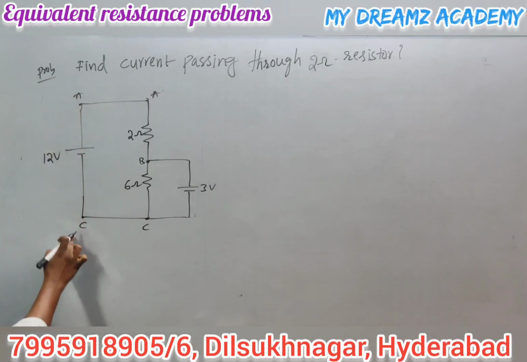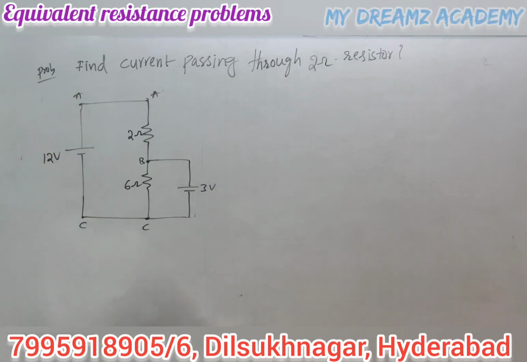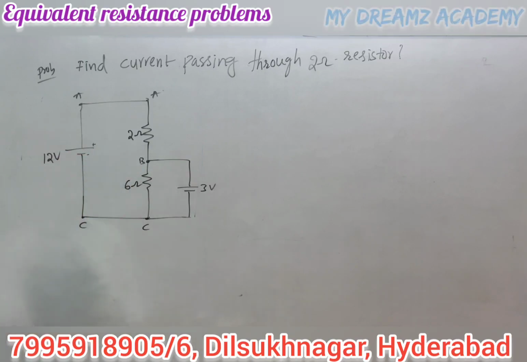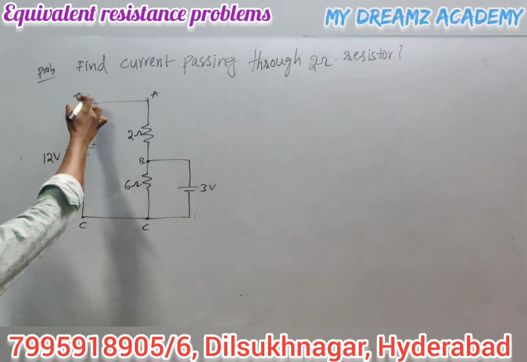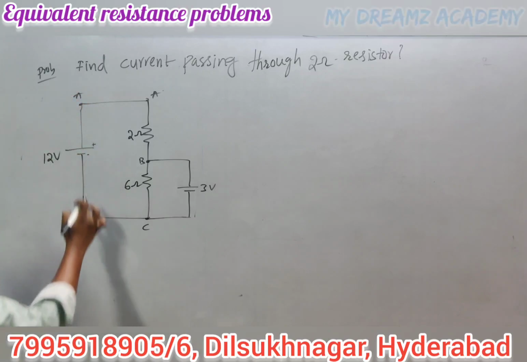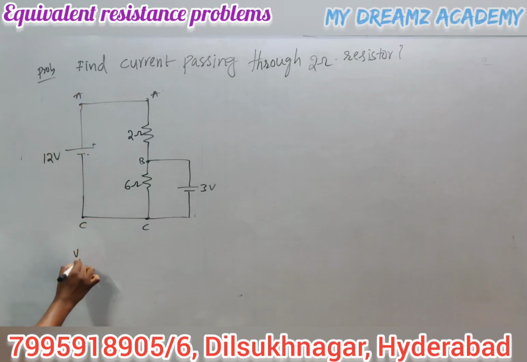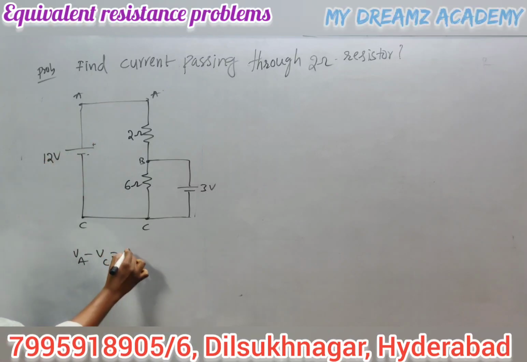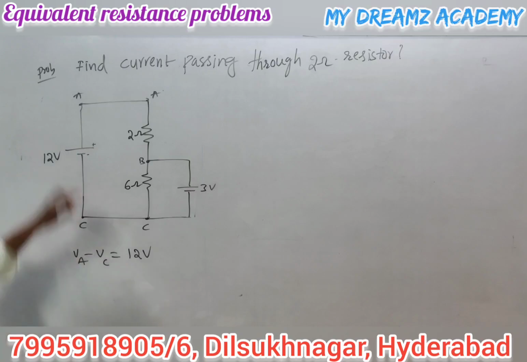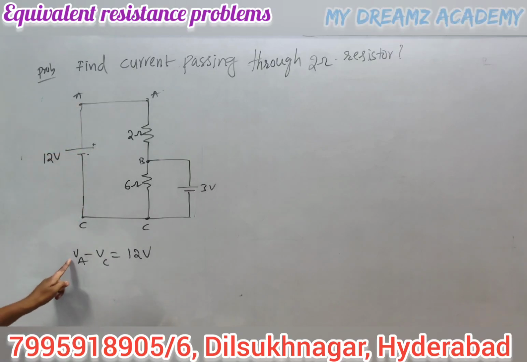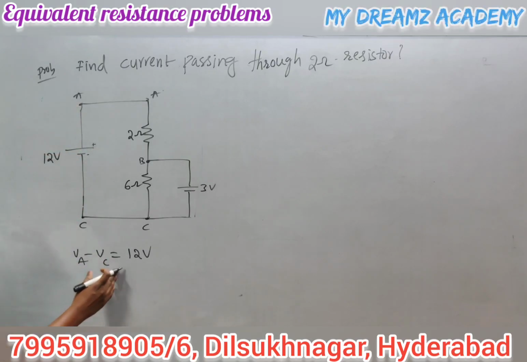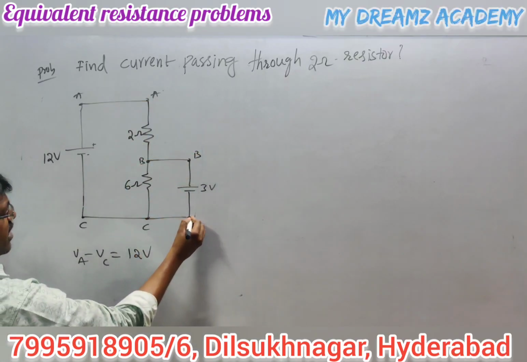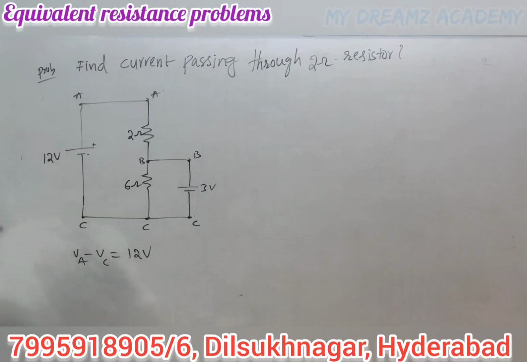Now between A and C, what is the voltage? 12 volts. This is the positive terminal of the source, and this is the negative terminal of the battery. Positive is connected to A, so the potential at A is positive, and the potential at C is negative. So the potential difference between A and C is VA minus VC equals 12 volts. Similarly, this is B, and this is also C. What is the potential difference between B and C?